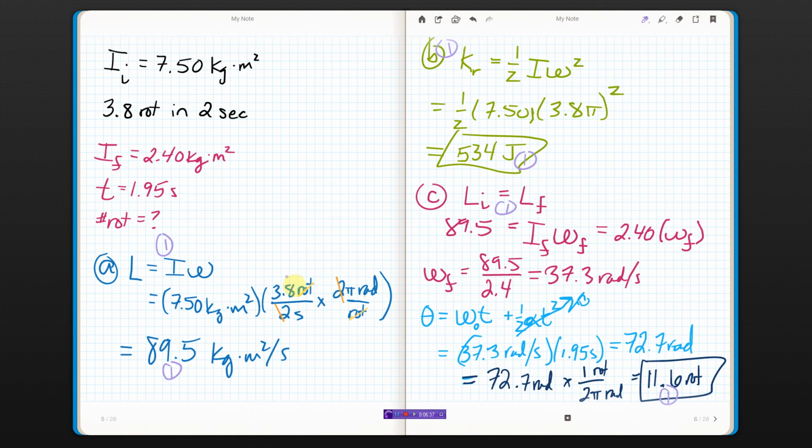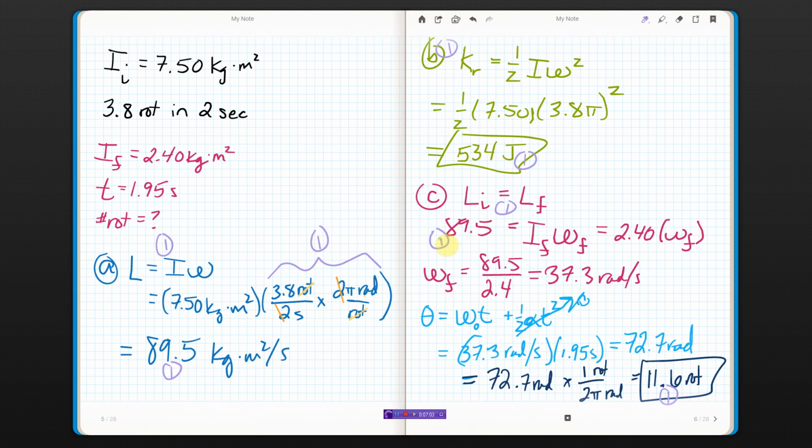I also want a point for converting the original rotations per second into radians per second. Either you do that inside one of these equations, or you just do it off by itself somewhere. I don't really care which one. Then how about a point for putting in the correct initial momentum from part A?